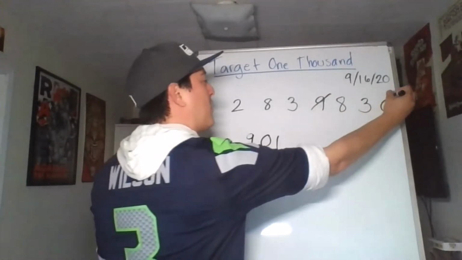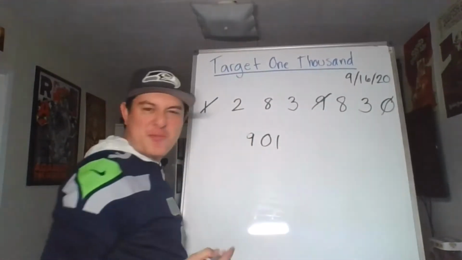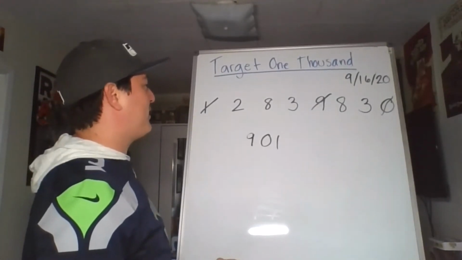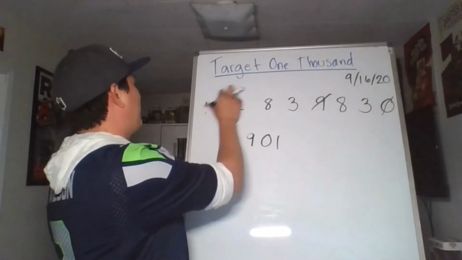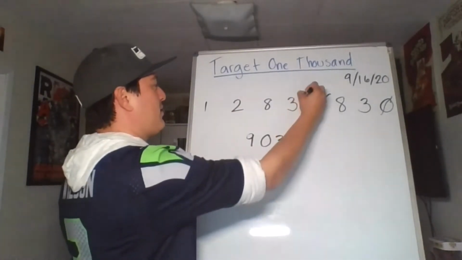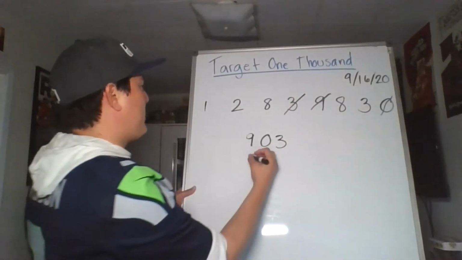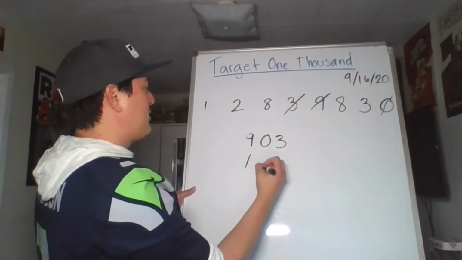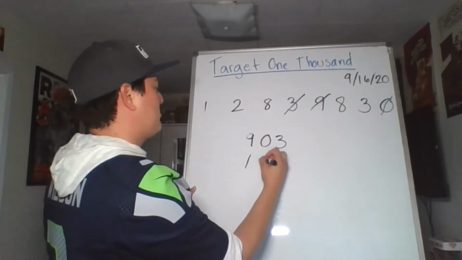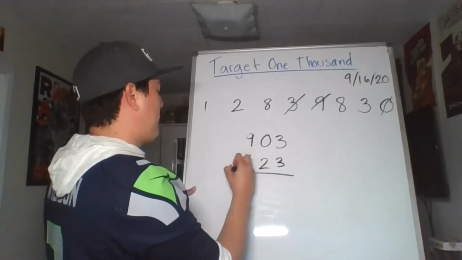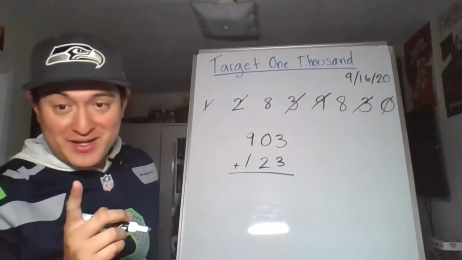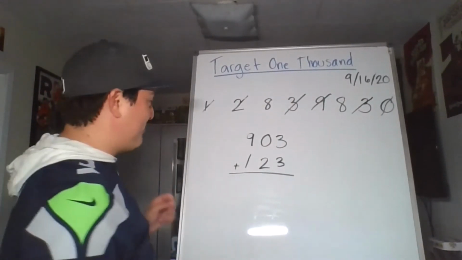I wonder if you probably had a better one than me, but that's okay. Oh nope, take that back. I don't want the 1. Let's do 903 and 123. Again, you might have done something better than this.